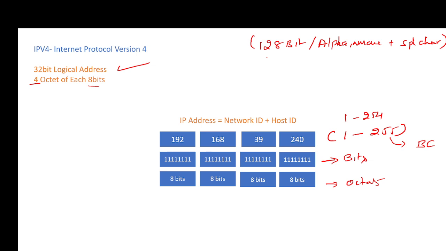So considering that, the internet research team is exploring a new version of IP address for the future generation, and that is the reason IP version 6 was invented.